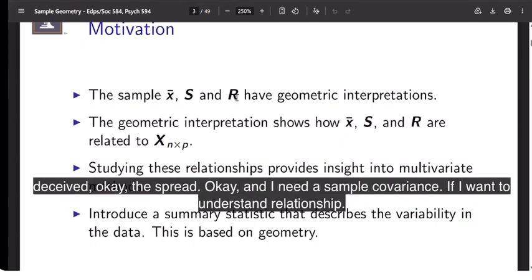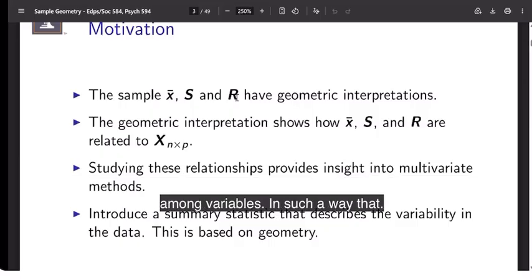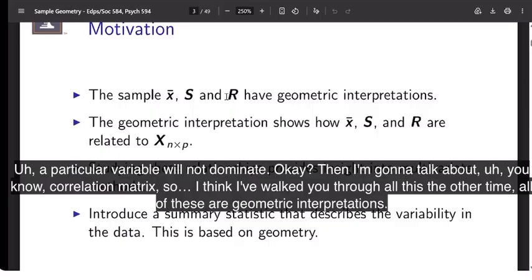If I want to understand the shape, the spread, then I need the sample covariance. If I want to understand the relationship among variables in such a way that a particular variable will not dominate, then I'm going to talk about the correlation matrix. I walked you through this the other time. All of these have geometric interpretations.